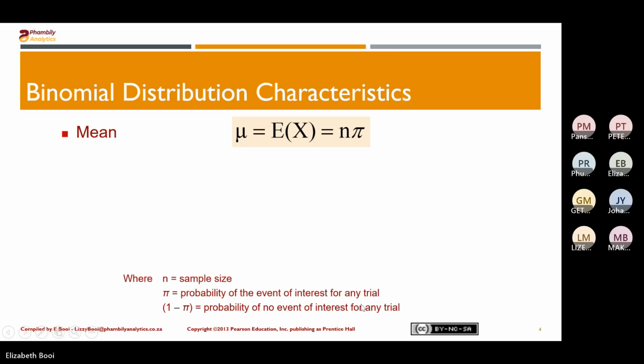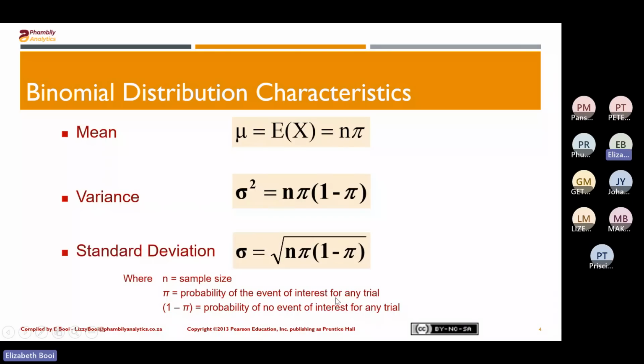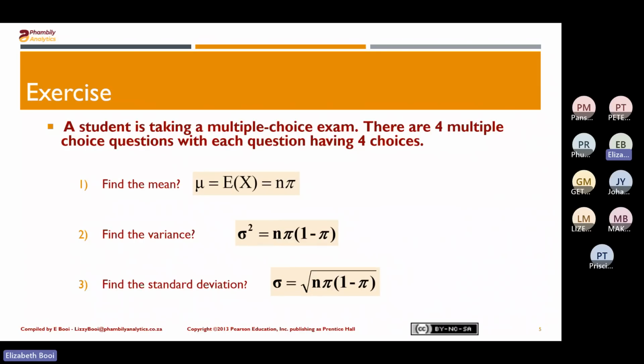And the variance will be given by the sample size multiplied by the probability of success times the probability of failure. And the standard deviation will just be the square root of your variance, which will be the square root of your sample size times the probability of success times the probability of failure, which is the complement of success. Okay, so let's look at how we will calculate this.